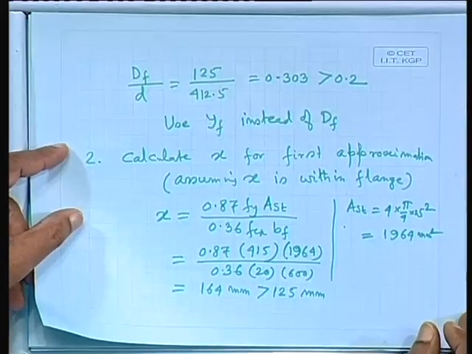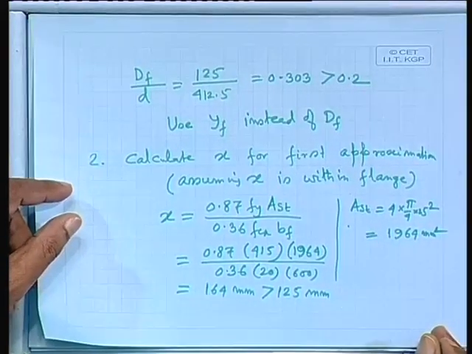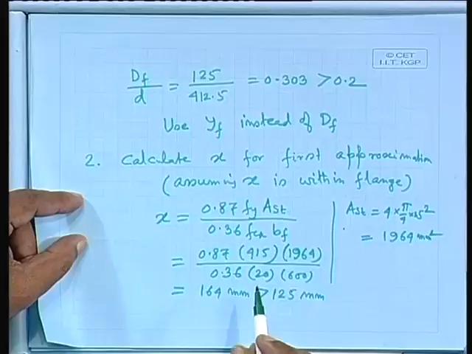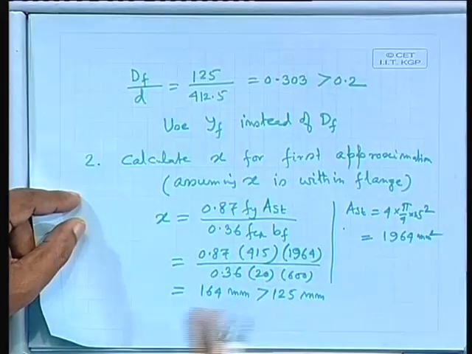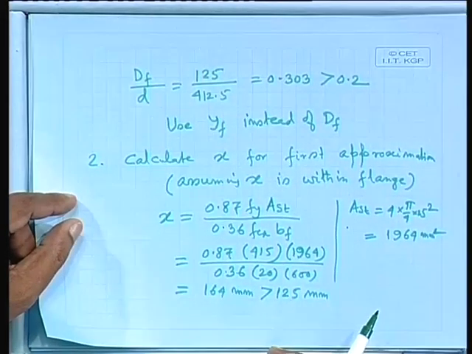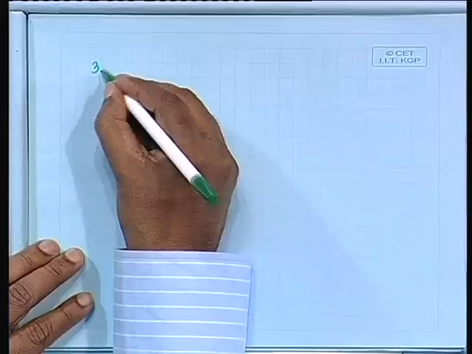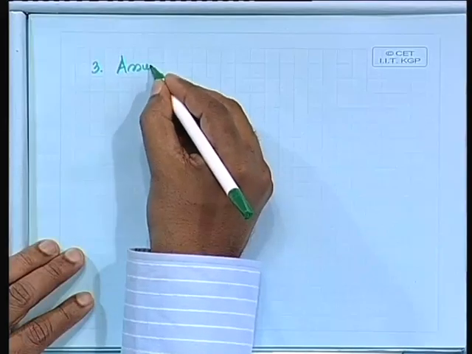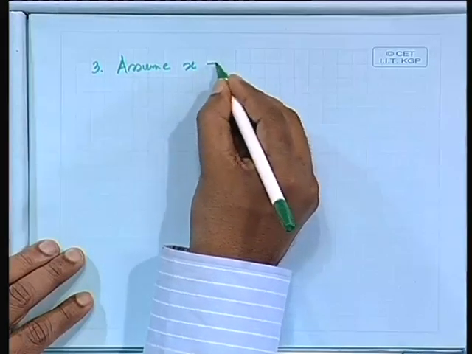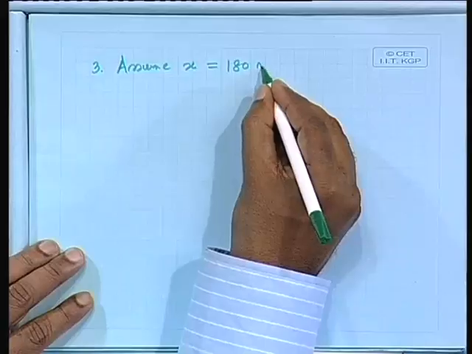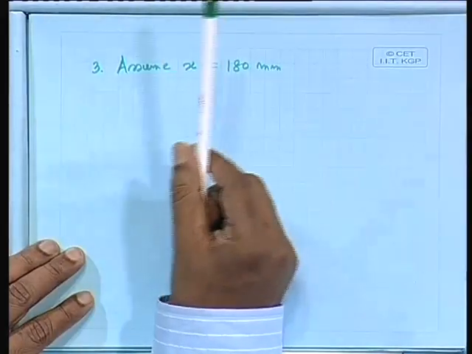Next step, we shall assume X now. Let us assume certain X, and that means we shall do the calculation iteratively. Assume X equal to 180 millimeter, because it is coming 164.